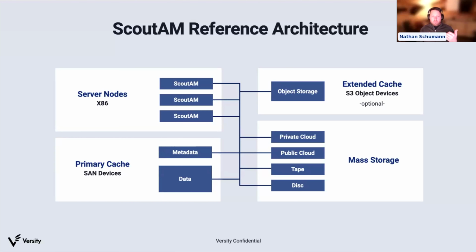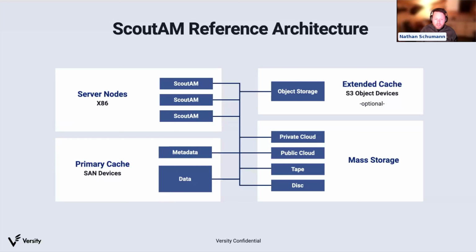Really, it's what's the performance of the overall solution that we need, and then how much data do we intend on ingesting on a daily basis. That will help us to size that cache. So typically that's going to be, say, between 50 and maybe 200 terabytes. Certainly that tier can be much, much larger. We have customers that have multiple petabytes of cache at this tier.